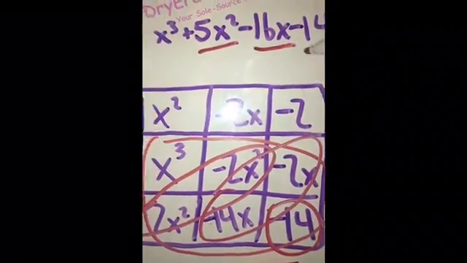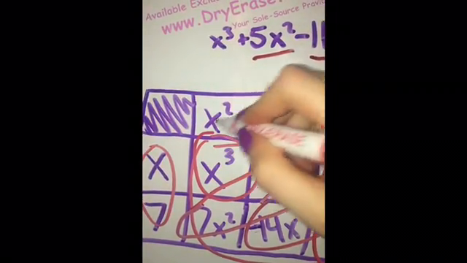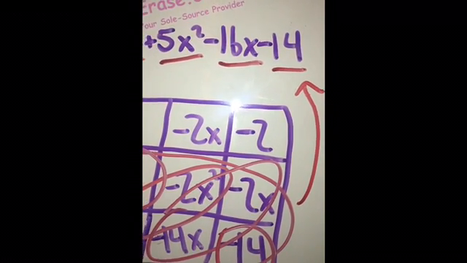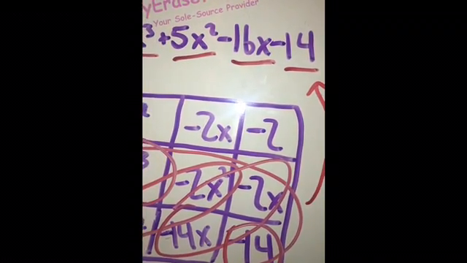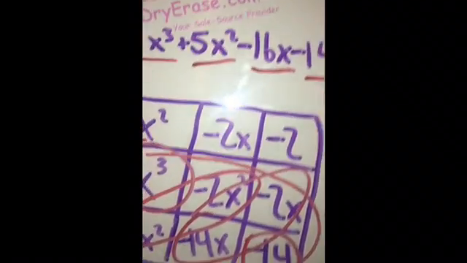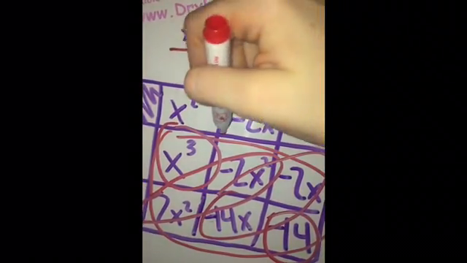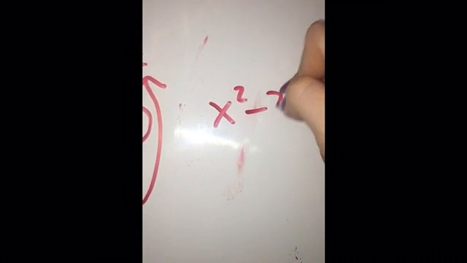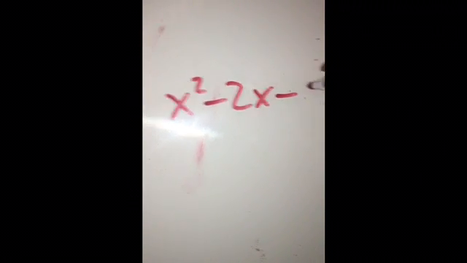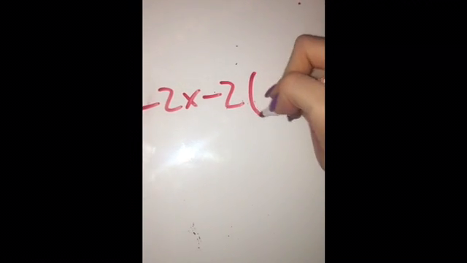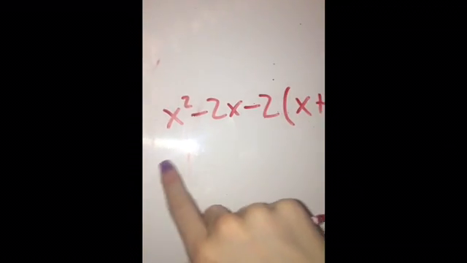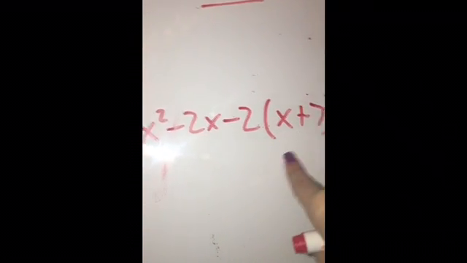And then this is that, and that is this. So your final answer is going to be the top part: x squared minus 2x minus 2, and parentheses x plus 7. So this is your factored out form as far as you can go.